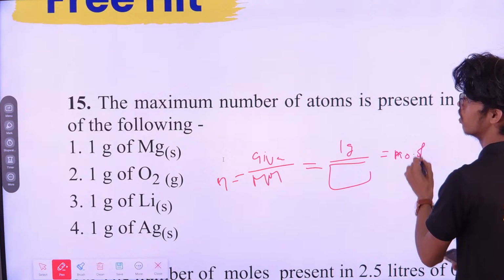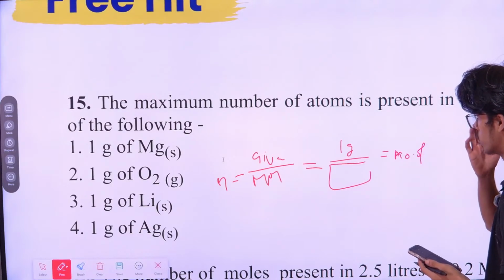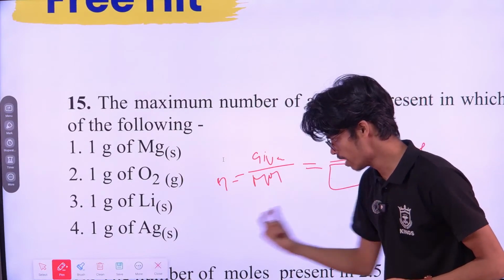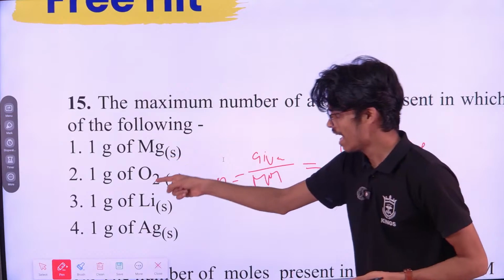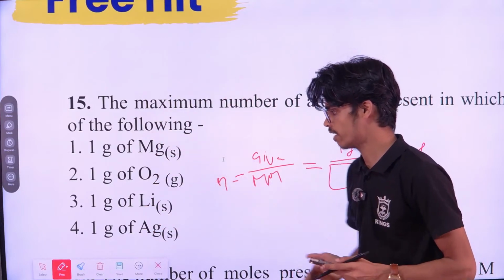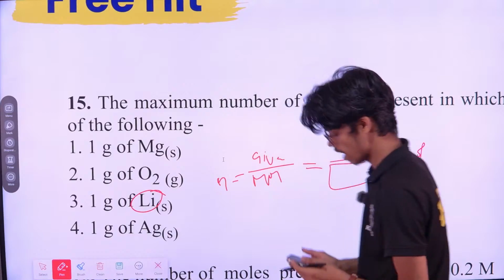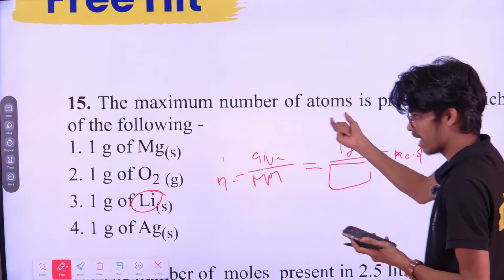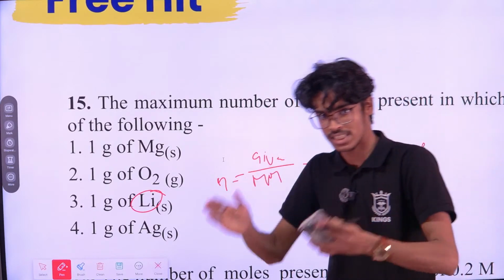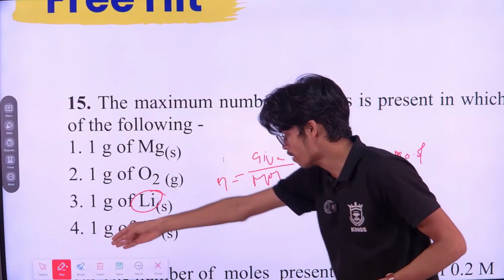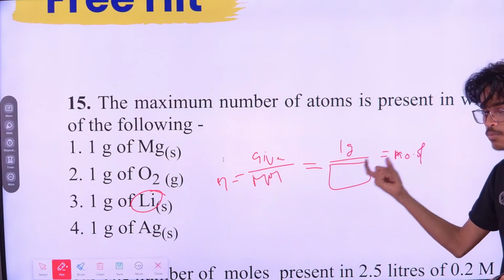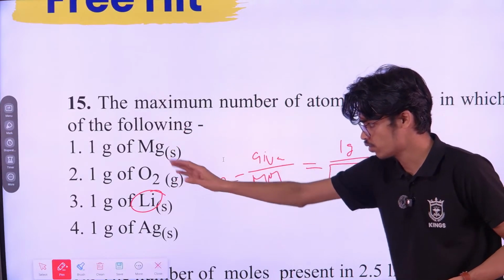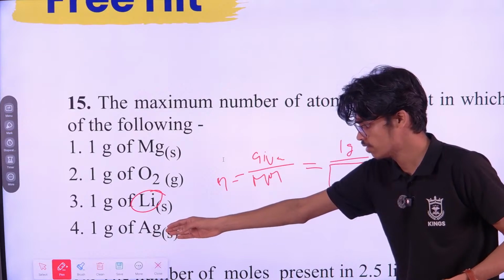It is asking for the maximum number of atoms. So for the same mass, for the number of atoms to be maximum, the molecular weight should be minimum, right? You divide 1 gram by the mass of Mg, 1 gram by the mass of O2, 1 gram by the mass of lithium, 1 gram by the mass of Ag.